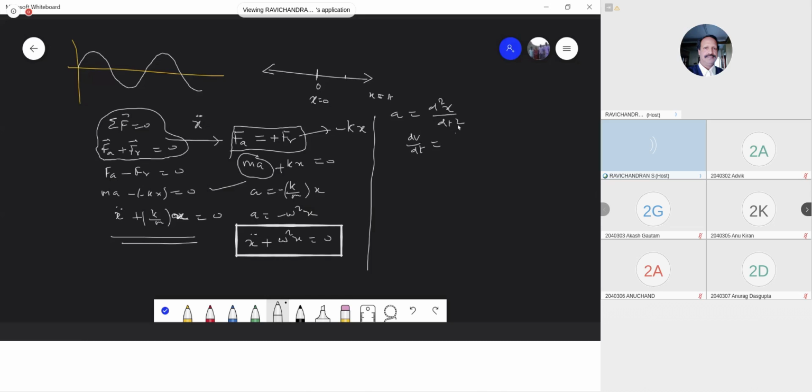Now I've changed, and from there I got the equation. All of you follow whatever I have given there last class. It will be easy for you to do this. And from there I would have found the equation v is equal to plus or minus omega into square root of a square minus x square. This is the equation you would have got last class. I'm going to start from this only.